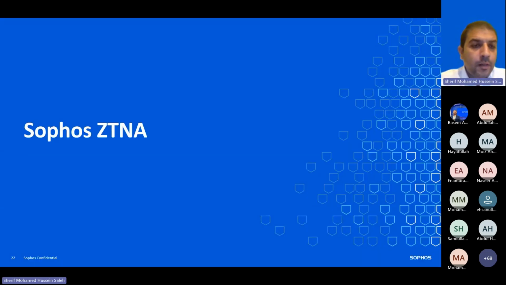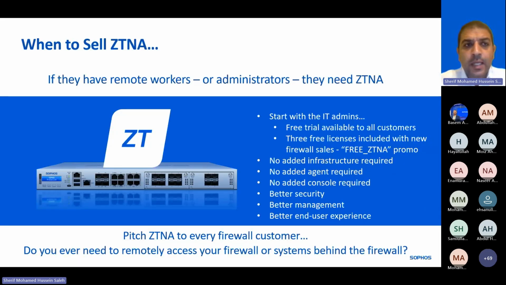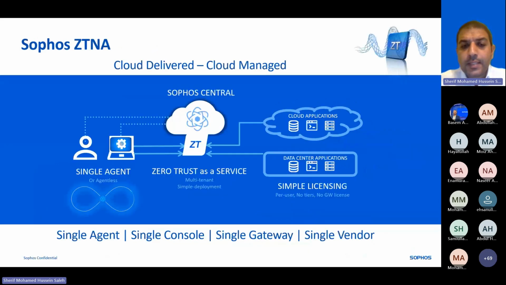And if we go to another component of the solution that we provide, it is ZTNA. As I told you, Zero Trust is one of the options that is available now, to provide Sophos ZTNA as an option.